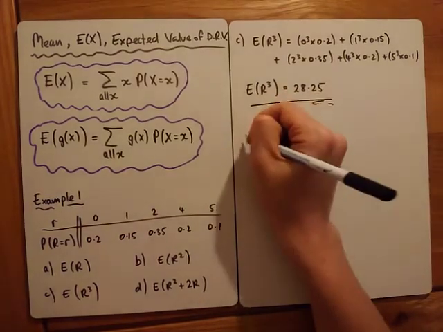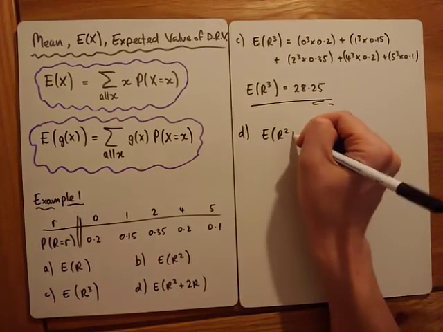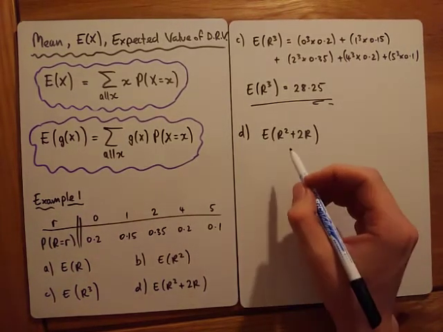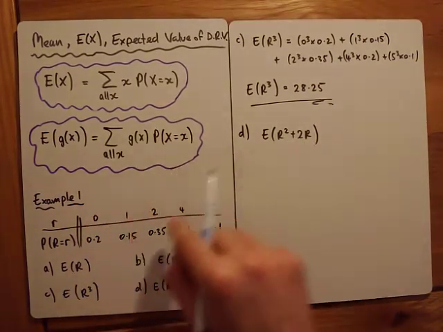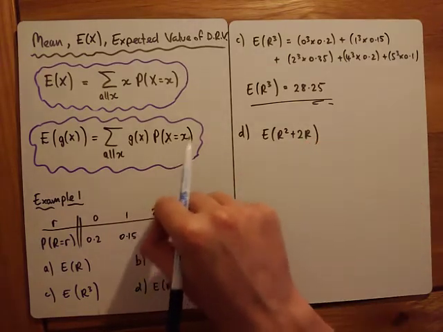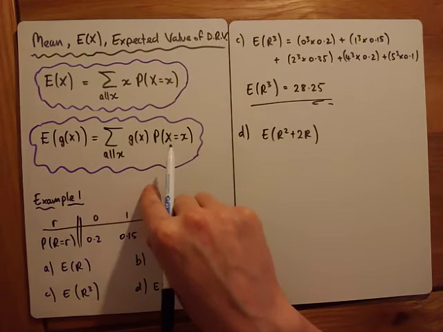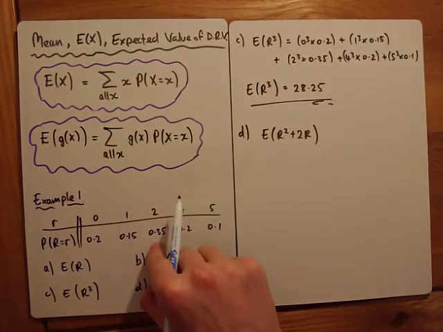Yeah, the last one is the expected value of r squared plus 2r. I'm going to use a little shortcut, which we'll see later in the next couple of videos. You could try and visualize this. Like, if you think about it, if you adjusted these numbers, let's do it with 2 squared plus 2 times 2, like that outcome there with that associated probability, it would be the same as doing 2 squared times by 0.35 plus 2 lots of 2 times 0.35.